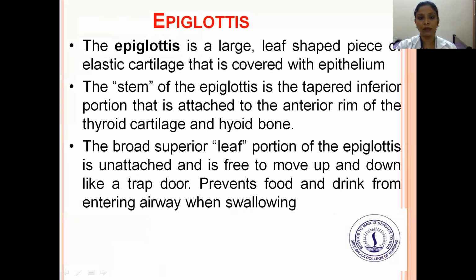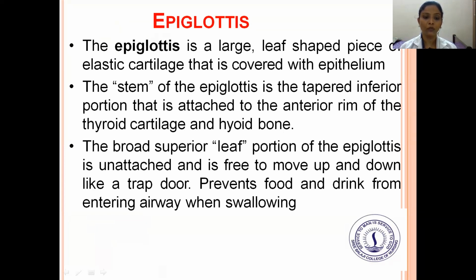Next is the epiglottis. The epiglottis is a large leaf-shaped piece of elastic cartilage that is covered by epithelium. The stem of the epiglottis is the tapered inferior portion that is attached to the anterior rim of the thyroid cartilage and the hyoid bone.